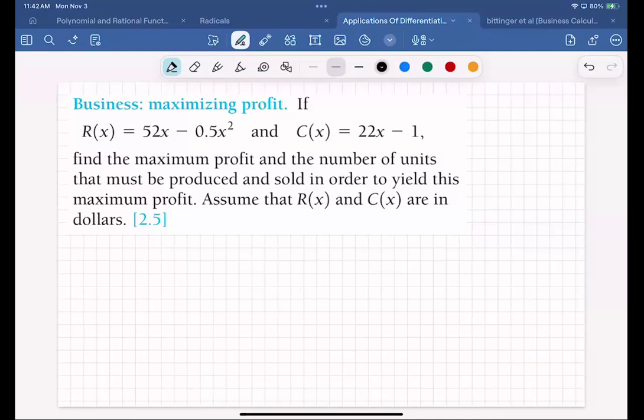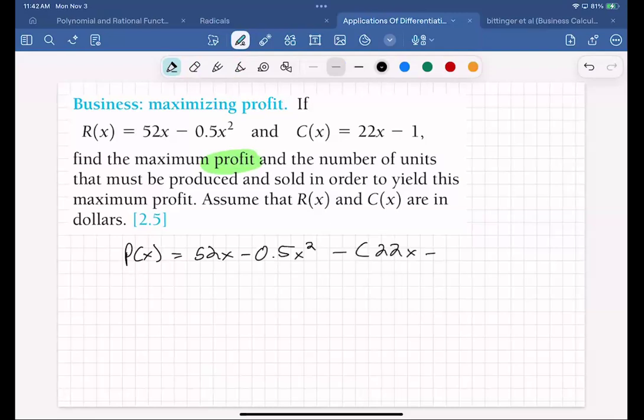Okay. Now, one of the key words here again is profit. What does that tell me I need to do to start this problem? I've got to go do the work of getting the profit function, right? So we definitely have to remember that the profit function here is going to come from our revenue function minus our cost function.